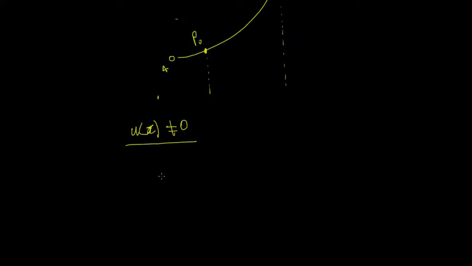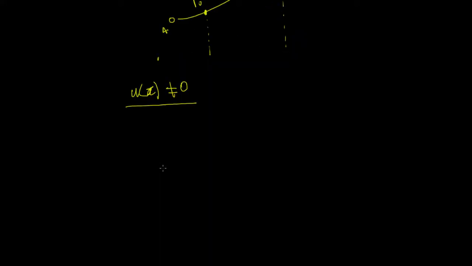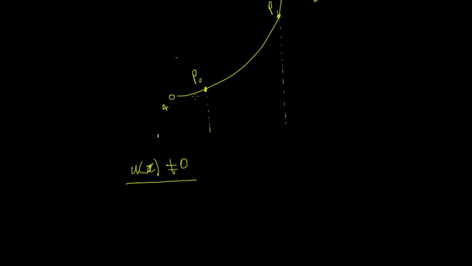Now for any points along that curve s of x, in order for u of x not to equal 0, okay, so there's u of x there.